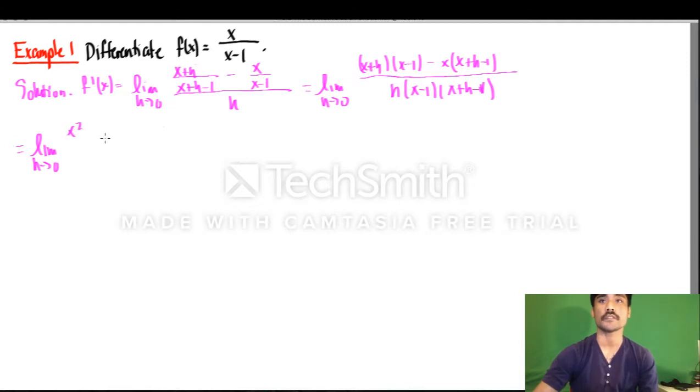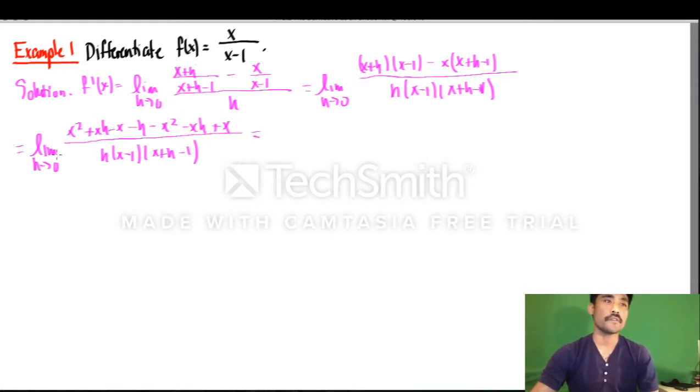Maybe x squared plus xh minus x minus h, minus x squared minus xh plus x, all over h times x minus 1 times x plus h minus 1.